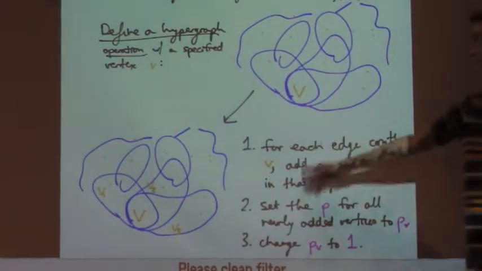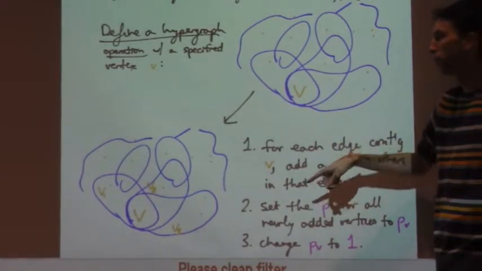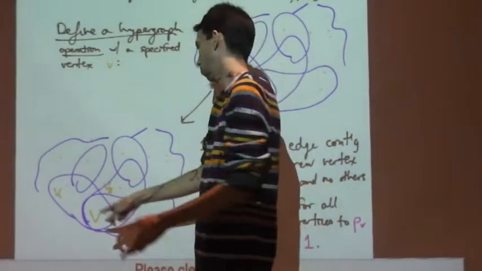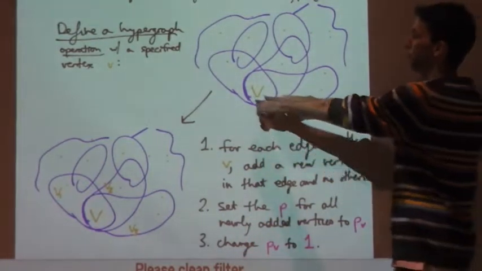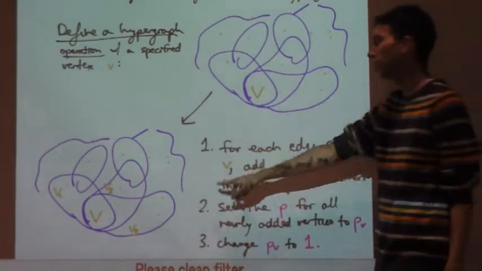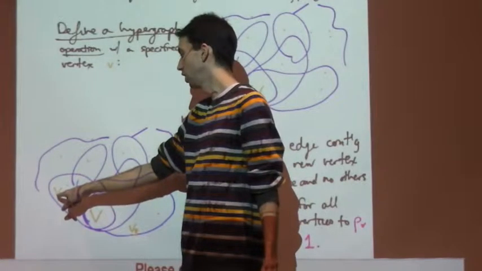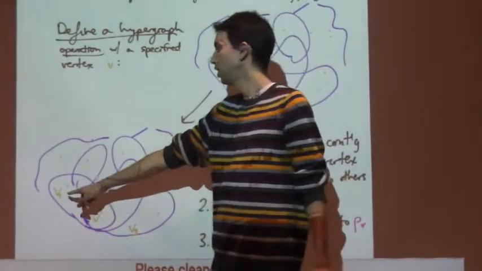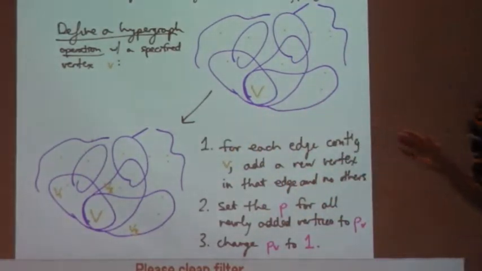First, for each edge containing V in the original hypergraph, add a new vertex. Here's V, here are the three edges containing V, and I added new vertices, one in each of those edges, and those new vertices are in no other edges.